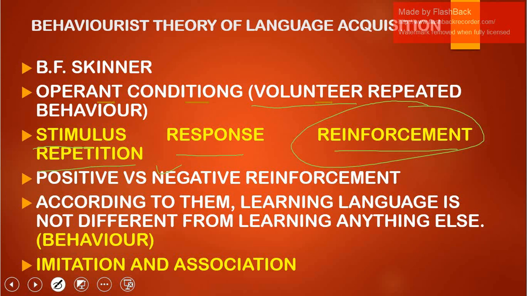This is how the baby is learning the language, with the help of imitation and associating words with actual physical objects. Like the actual physical biscuit is associated with the word biscuit, and now the baby is repeating it and imitating it after her mother or father, and now she or he has learned that word formally with the help of imitation and association.